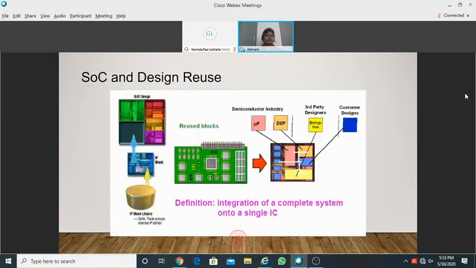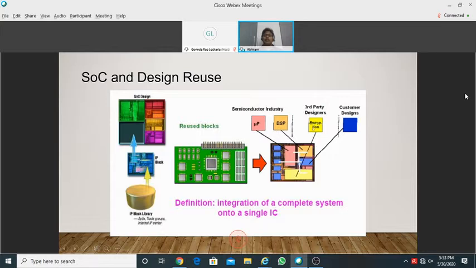Since we are talking about the SOC and design reuse, we have soft IPs and hard IPs. Now we are planning to build a SOC. For all the requirements, we have DSPs coming as soft IPs, probably from Texas Instruments, microprocessors from whichever vendor you want, and certain encryption related blocks like AES.